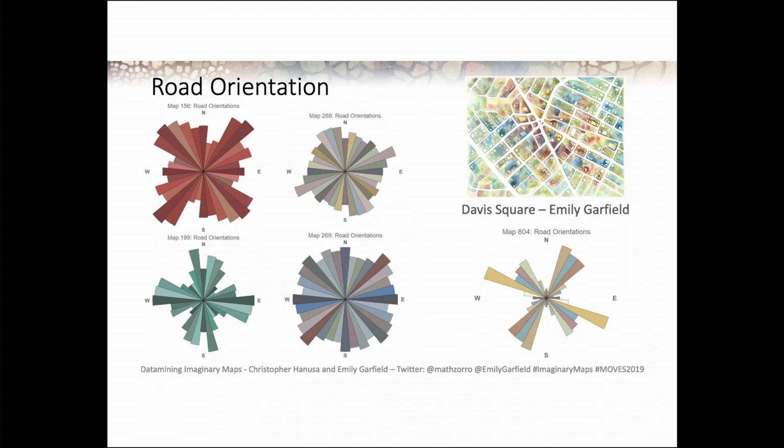So in terms of the real world, normally especially in the United States, roads are put on grids. So here's a picture of a commission that Emily did of a town in Massachusetts. And there you can really start to see the grid nature, and that's shown in the visualization because most roads lie on those perpendicular axes.